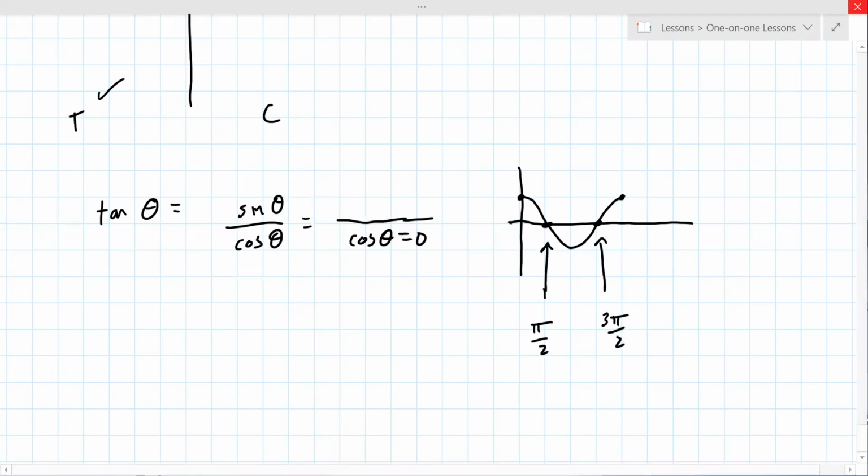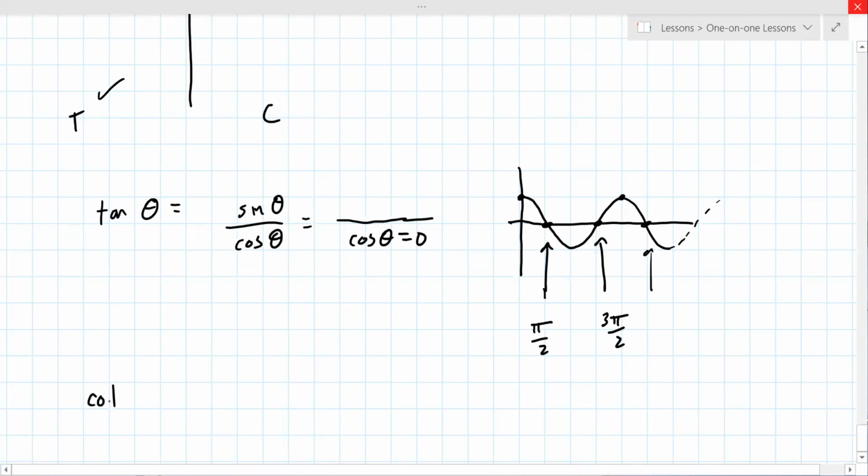On your unit circle, what is the x value at pi over 2? The x value is 0. And at 3 pi over 2? It's also 0. But this continues on, so those are not the only two places. It goes on forever, as you keep going around the unit circle.